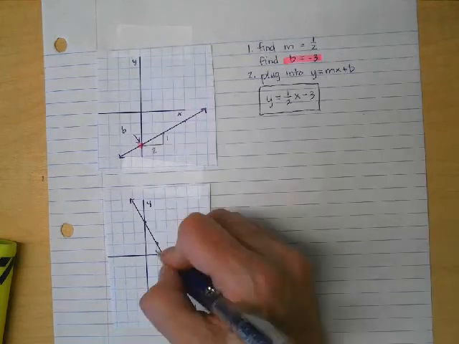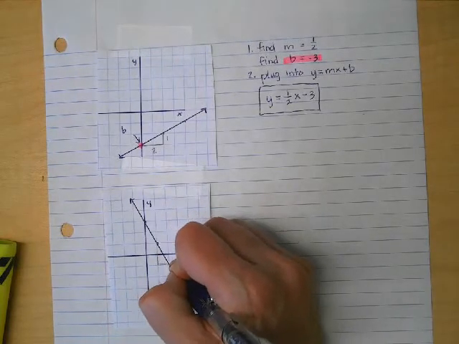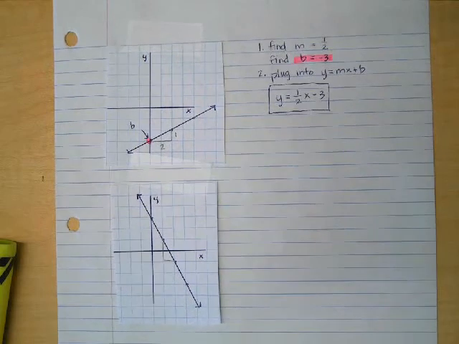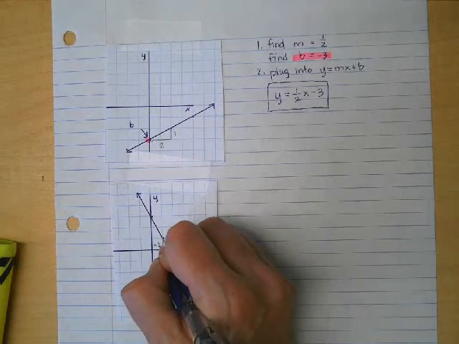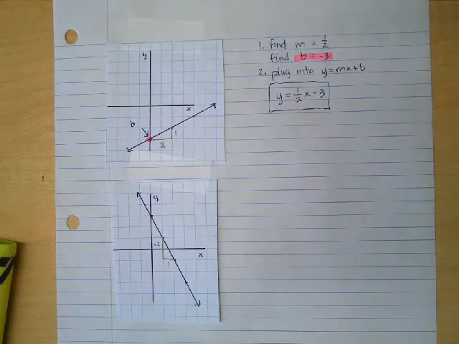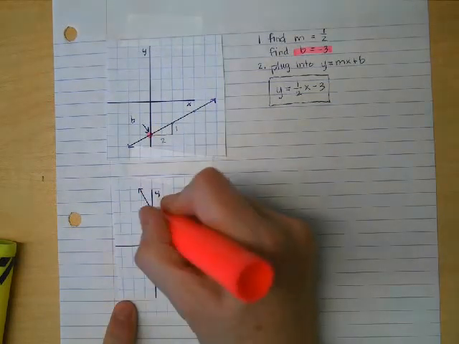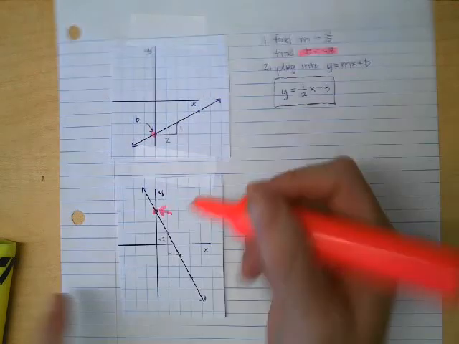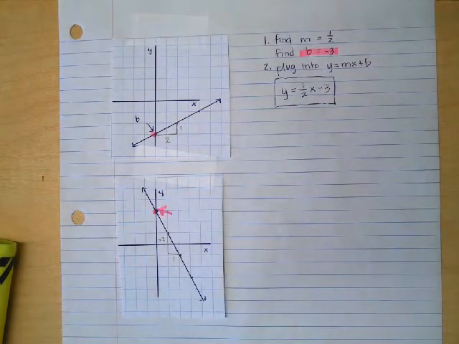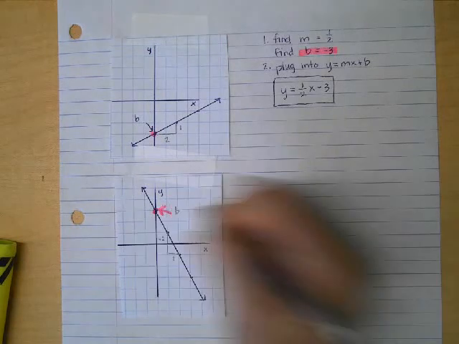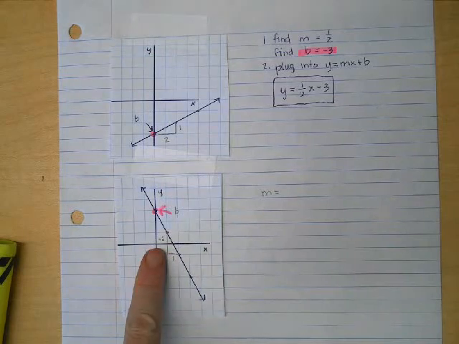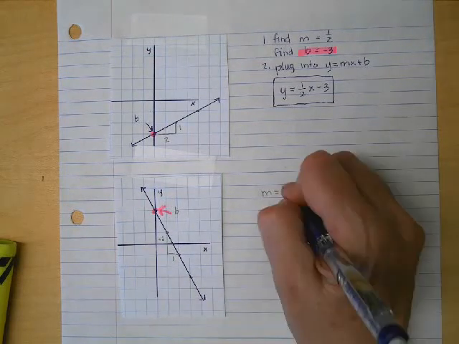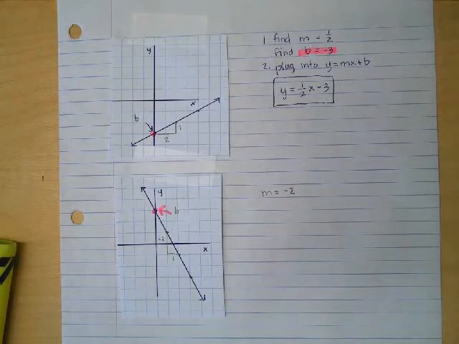I'm going to connect these 2 points. Notice that I have a negative slope now, so instead of going up, we went down. This is -2 over 1. This is my y-intercept right here. That's b. We know the slope is down 2 over 1, so we're just going to write -2.